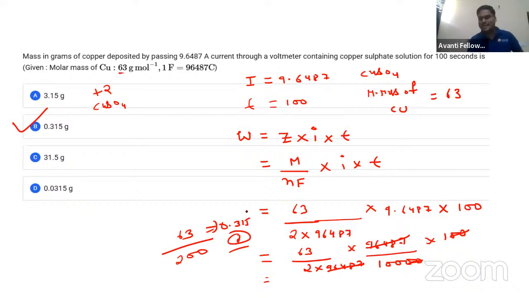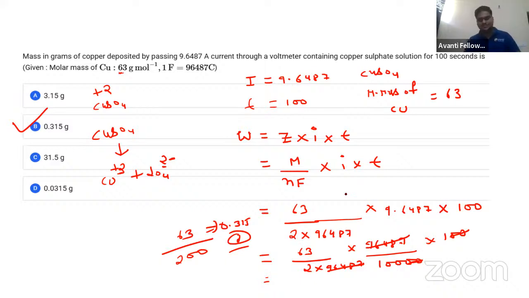And how will we take N is equal to 2? Because this is copper sulfate. So from copper sulfate solution, we get copper plus 2 and sulfate minus 2. So the charge is 2, so the number of electrons transferred here is 2. The value of N comes out to be 2.